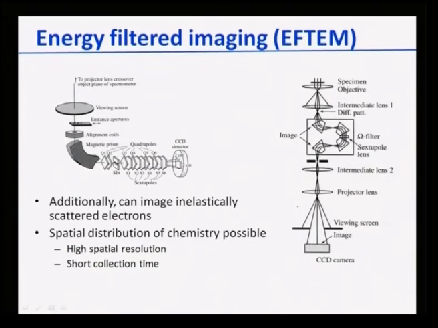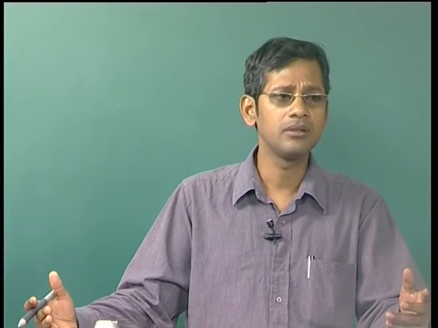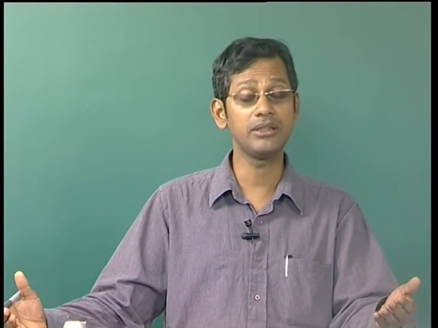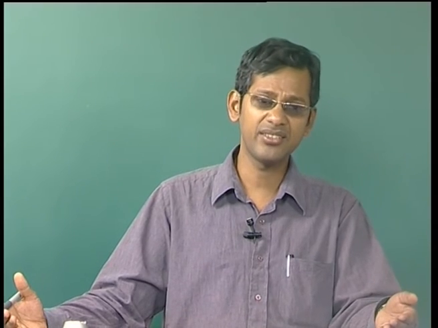The last thing which I am going to talk about is energy filter imaging, or what is known as EFTM. As you know, the electrons which are coming out from the sample, which are inelastically scattered, contain all the chemical information I showed you. The type of element present, the amount of element present, we can also do that, and the electronic states.